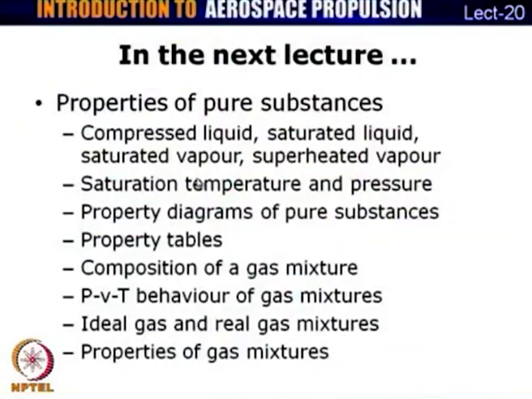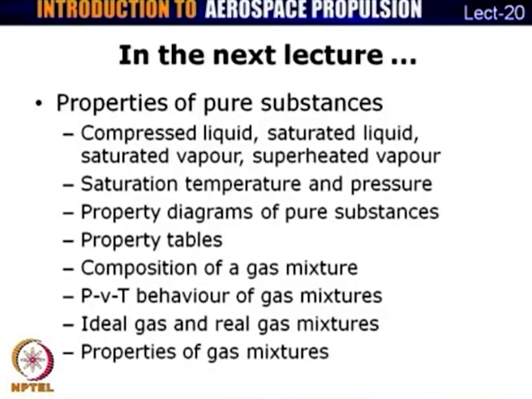And in the next lecture we shall be discussing some of the aspects of pure substances and gas and vapor mixtures. So, in the next lecture what we shall be discussing are the following. We shall be talking about properties of pure substances. We will be discussing what is meant by compressed liquid, saturated vapor and superheated vapor. Then saturation temperature and pressure.